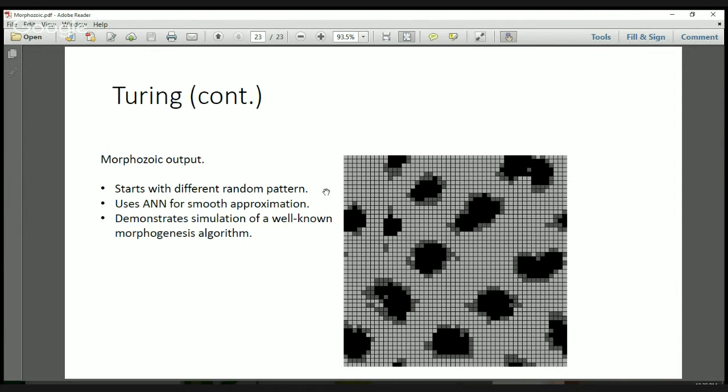So here's what it did on the right. It's not as nice and pretty, but it is definitely a discernible cheetah pattern. And it uses the artificial neural network once again to smooth things out, which is quite handy.